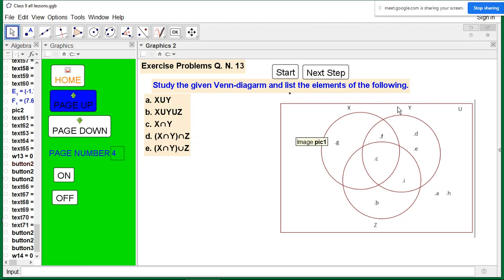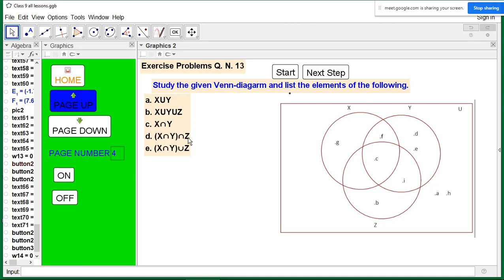Yes, I got from Sirisa. Thank you. Then X intersection Y intersection Z. I am asking the number now, dear students. The number, that is C. Thank you, Suyog.